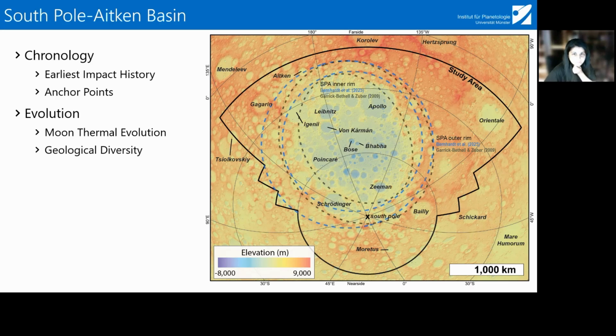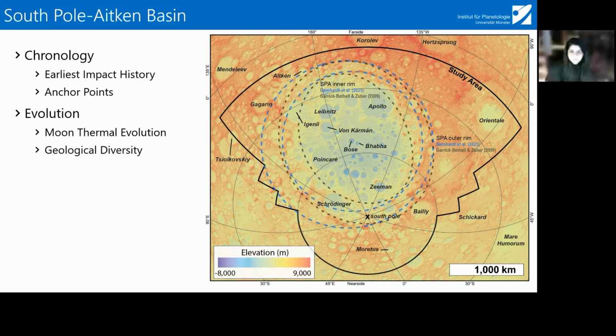Everybody in this room knows why we want to go to SPA Basin, because we have a lot of unanswered questions about this region. We want to know more about lunar history and early impact history.